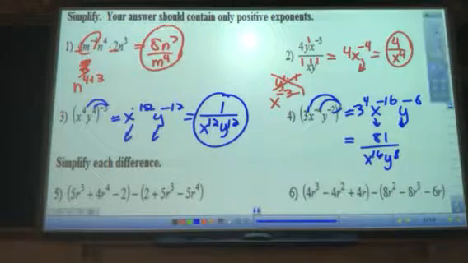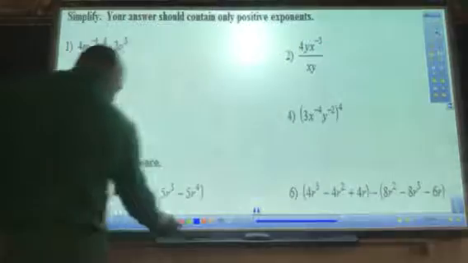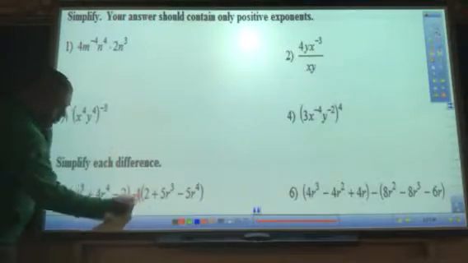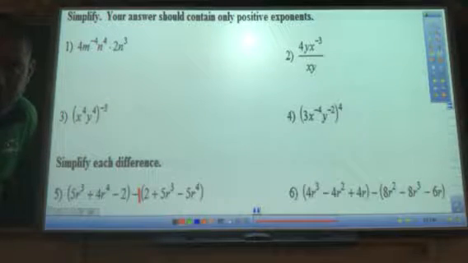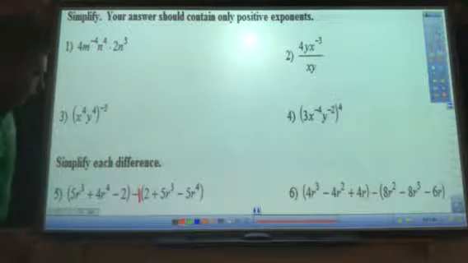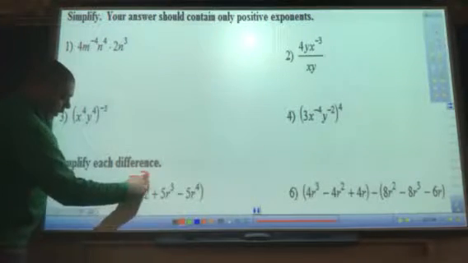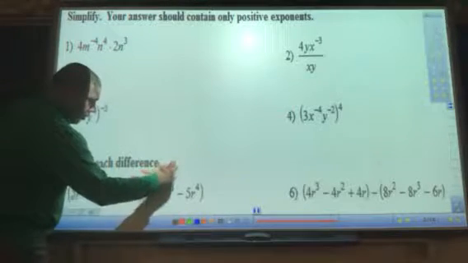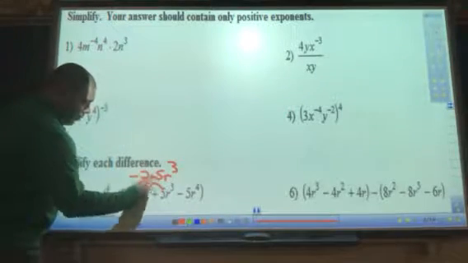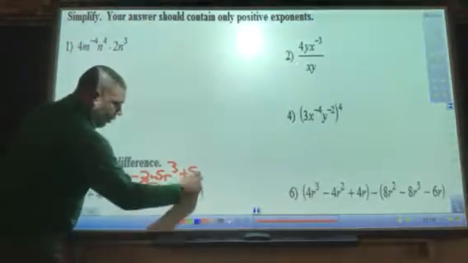Okay? Now, the last two, the first thing we have to do is distribute that negative 1. So negative 1 times 2 is negative 2. Negative 1 times 5r to the 3rd is negative 5r to the 3rd. And negative 1 times negative 5r to the 4th is positive 5r to the 4th.